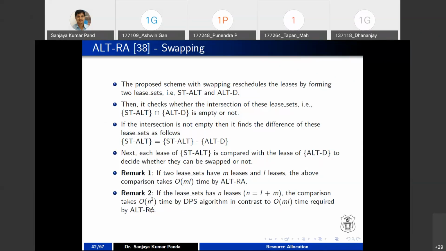But this second remark says a common element is possible. In the worst case, all the elements present in the STLT set are there in the ALTD. So you can avoid it. This is the main advantage of using this ALT array.